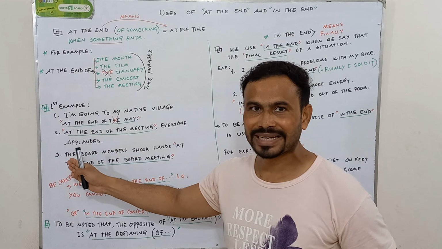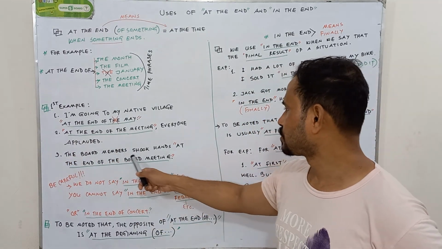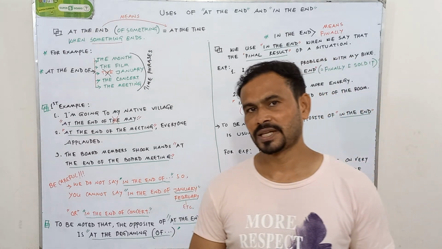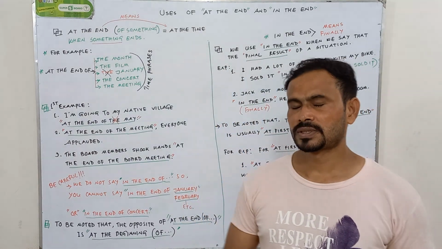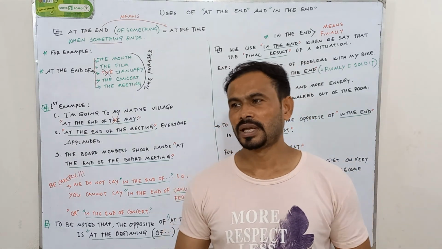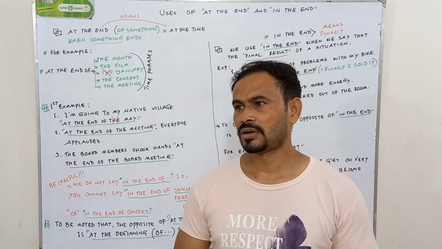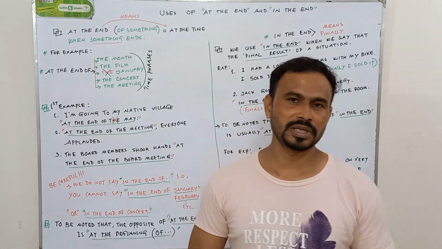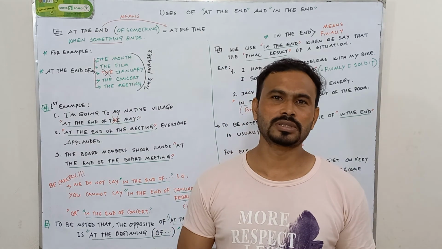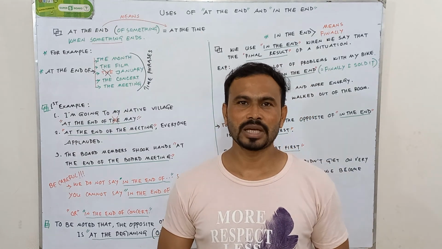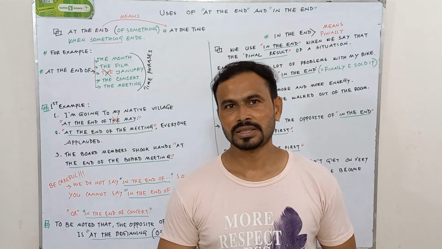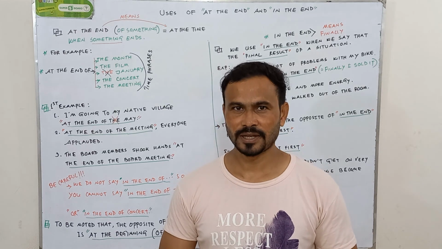So let's jump to another sentence, which is the board members shook hands at the end of the board meeting. What does the sentence mean? It means in a board meeting, generally we see directors, executives, planners, or special members of the company present there, and they talk to each other about the company's progress, the company's income, and how to boost up the company.